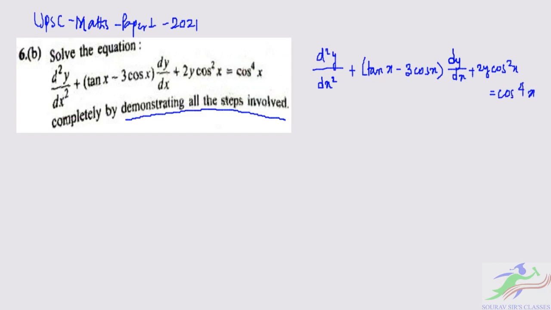So it is already given that d2y/dx2 plus (tan x minus 3 cos x) dy/dx plus 2y cos square x is equal to cos to the power 4x. Let us take this as equation number 1.